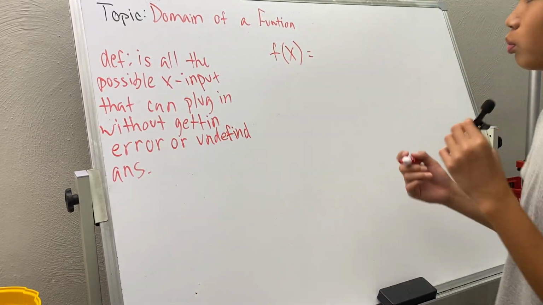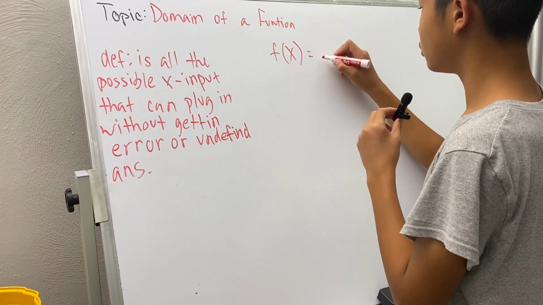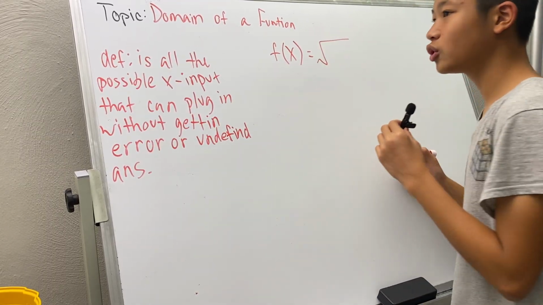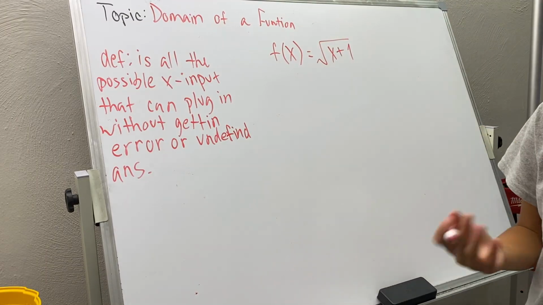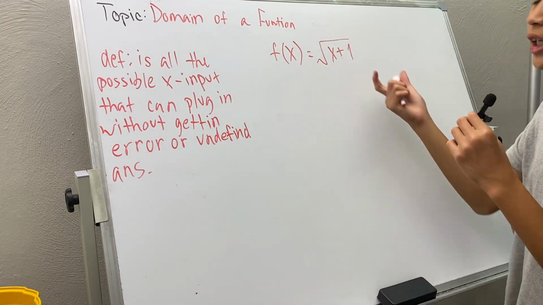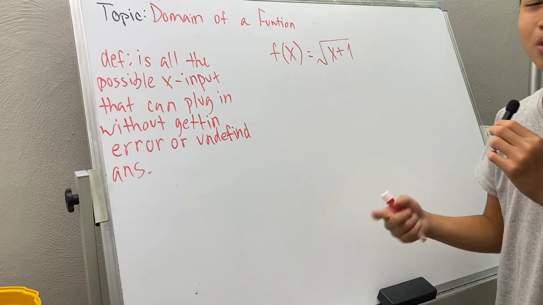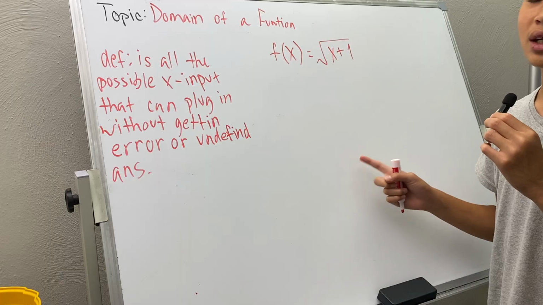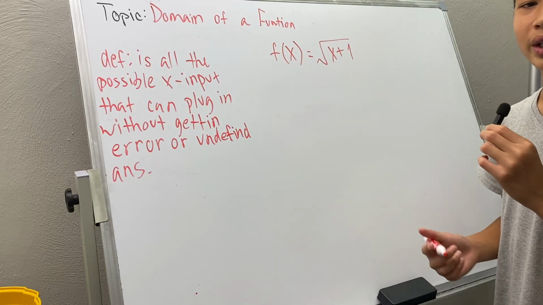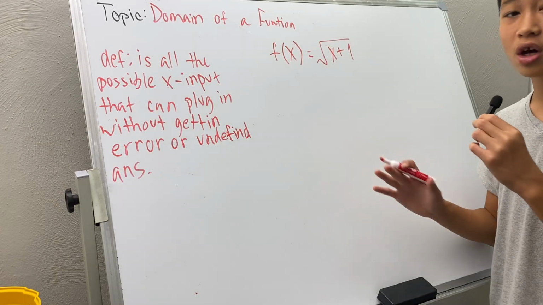Now we're gonna have a square root problem. Let's say the square root of x plus 1. Well, if inside the square root is negative, it will be undefined because we're gonna end up with imaginary number. That's only in algebra, not in function.